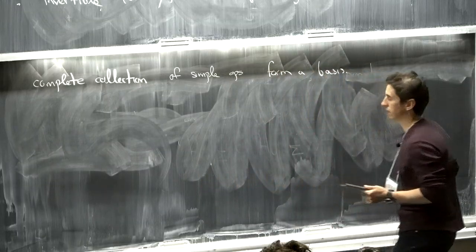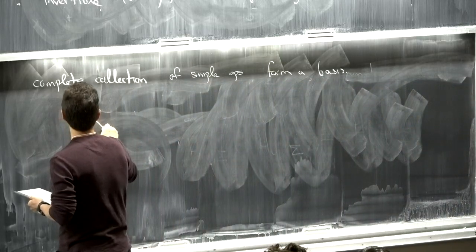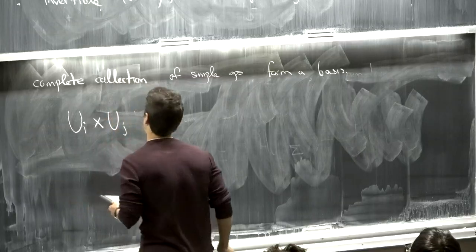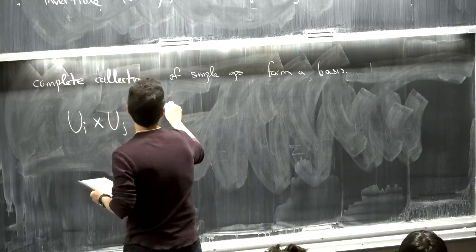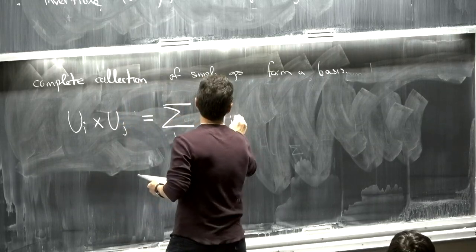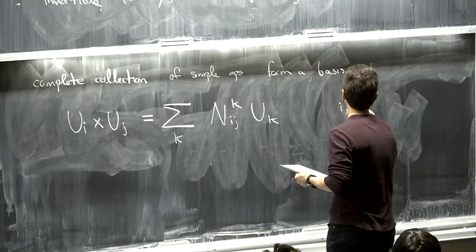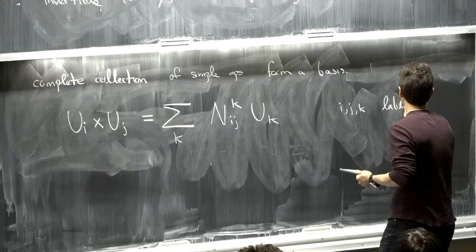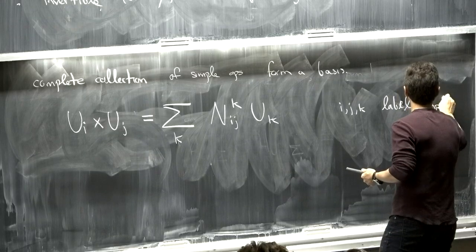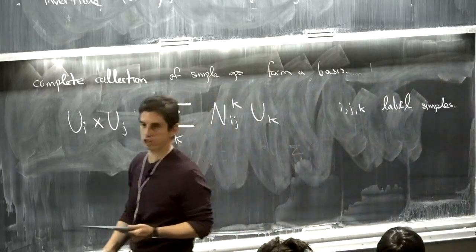So that is not a technically correct use of that word. What I mean by that is that if we have some ui and uj, and we multiply them together, we could try to expand the result. Where here, i, j, k label simple operators. So now these labels don't have any reference to a group. We're outside that context. We're just talking about algebraically what is the structure we expect.